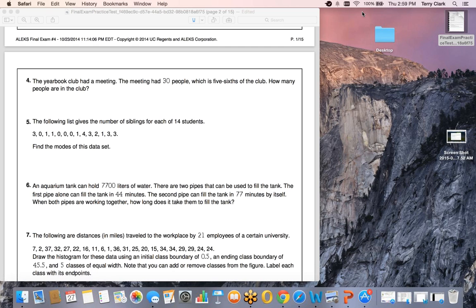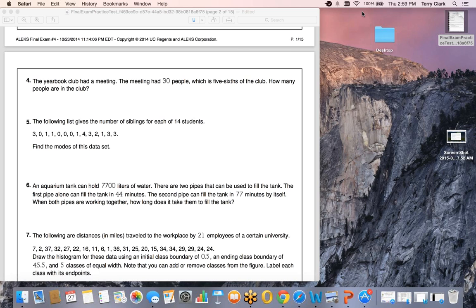Now, could someone give us the definition of the mode? When we say find the mode, what does that word mode mean? Frequent, that's correct.